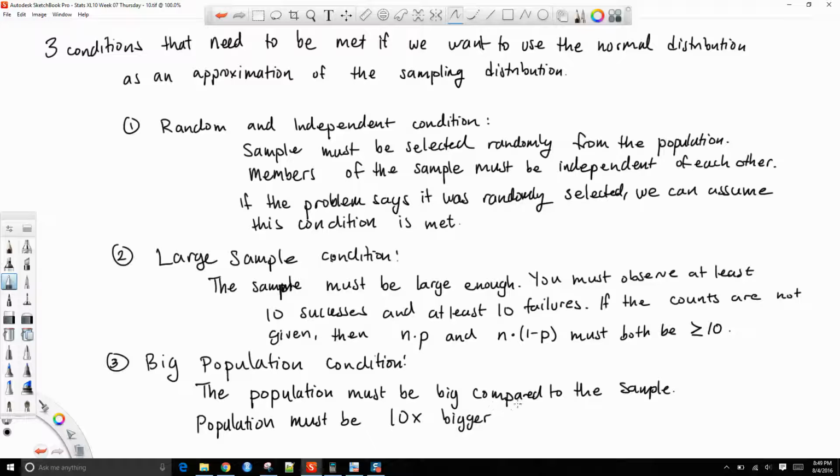So it must be at least 10 times bigger than the sample. Okay, or conversely, do not sample over 10% of the population.